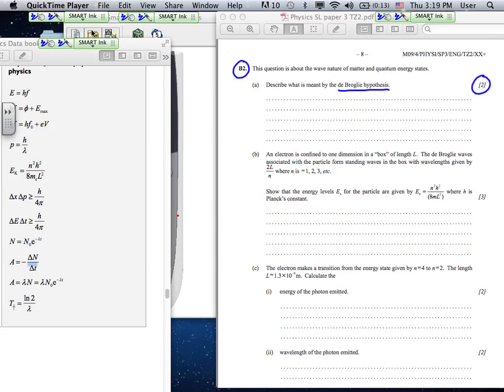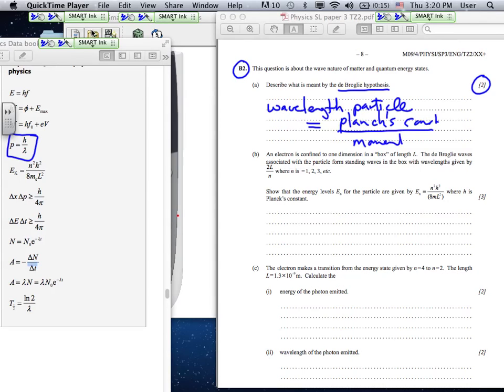Now, de Broglie's hypothesis is basically summarized by that formula over here, so that the wavelength of any particle, any particle can be an electron, proton, anything, a human, is equal to the Planck's constant divided by the momentum of the particle.